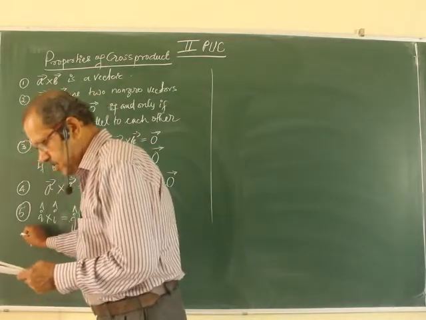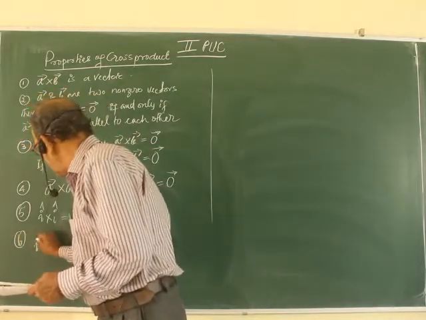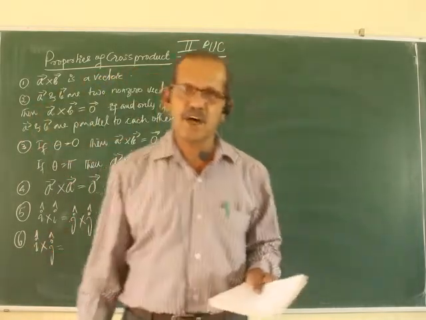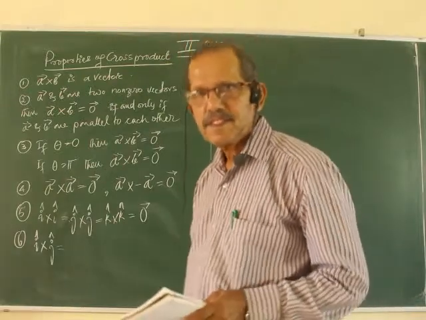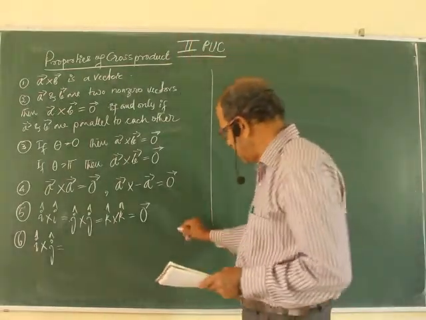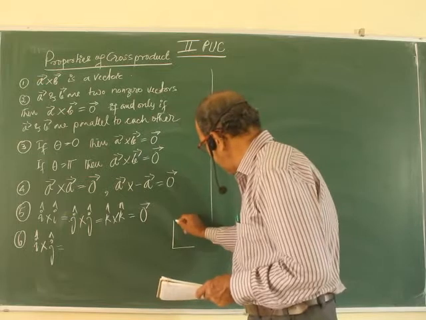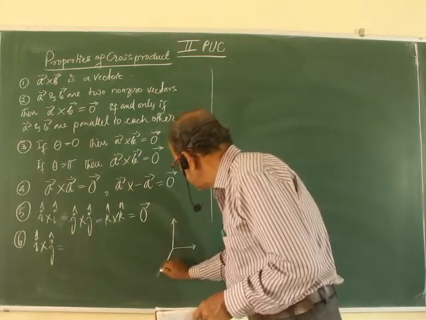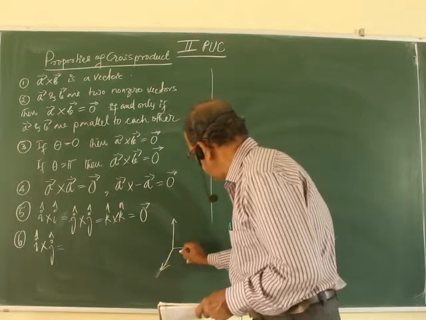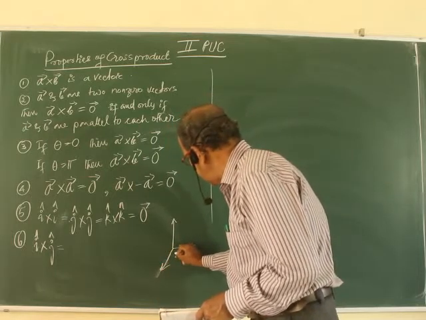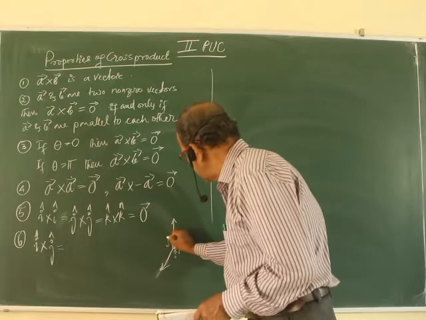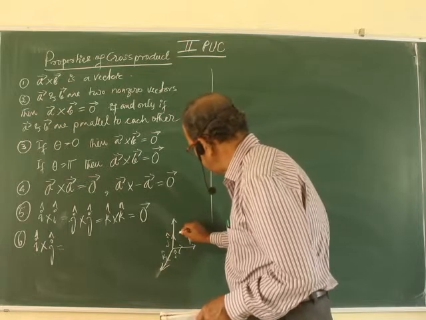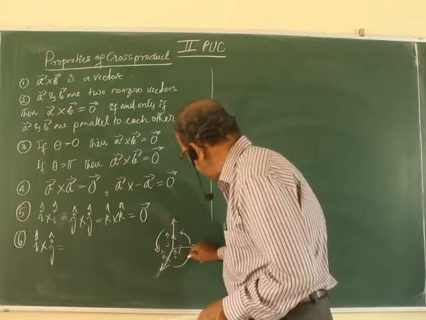But the sixth one here you see, I cross J equal to how much? I cross J means the angle between the vectors. This is I, this one is J, and here it is K. Always measure the angle, positive direction is this.